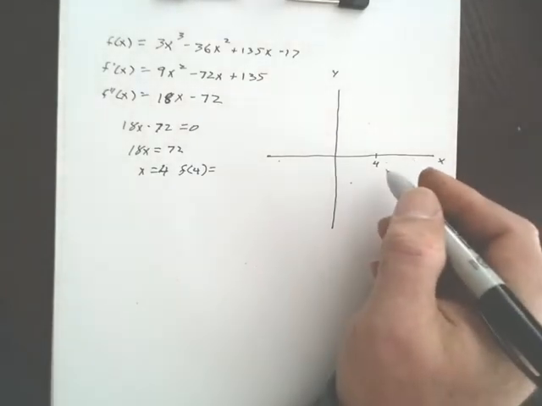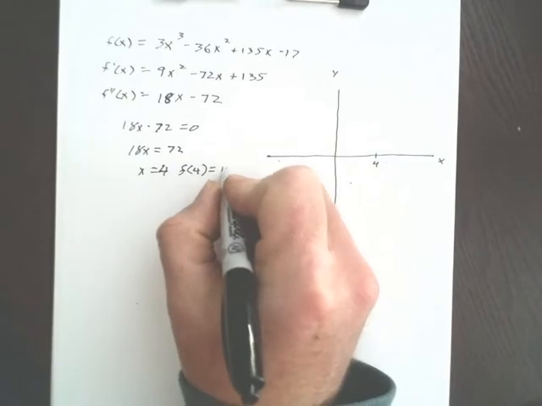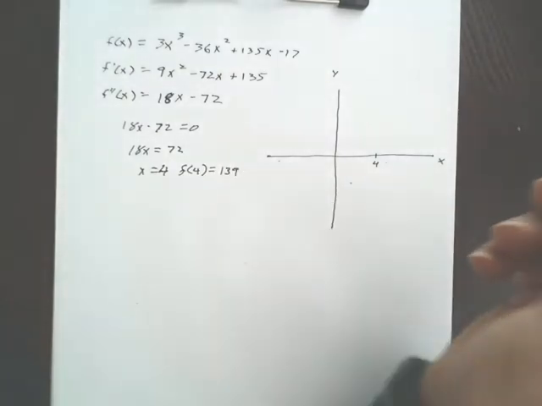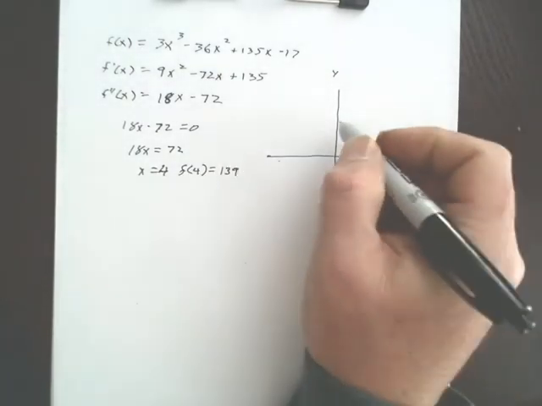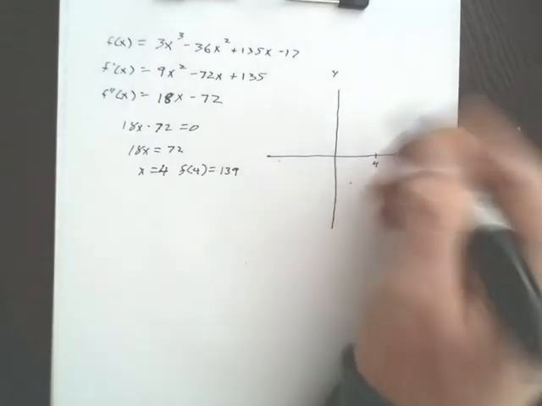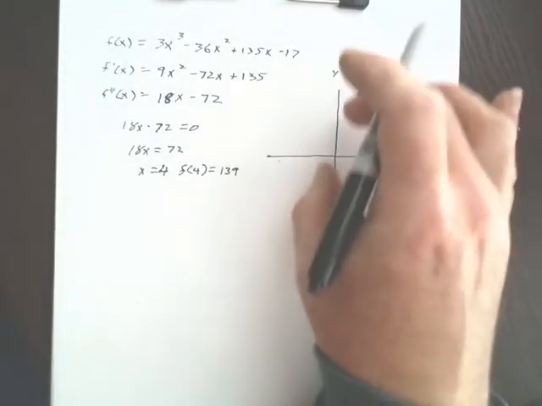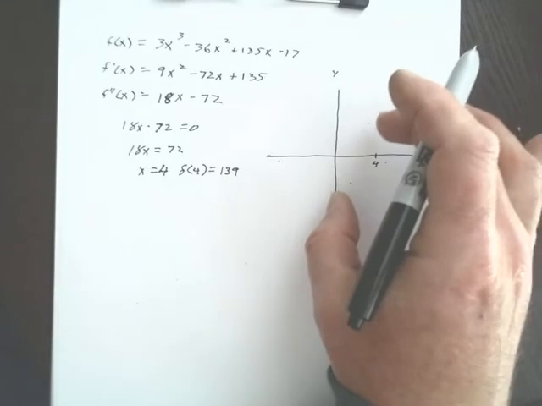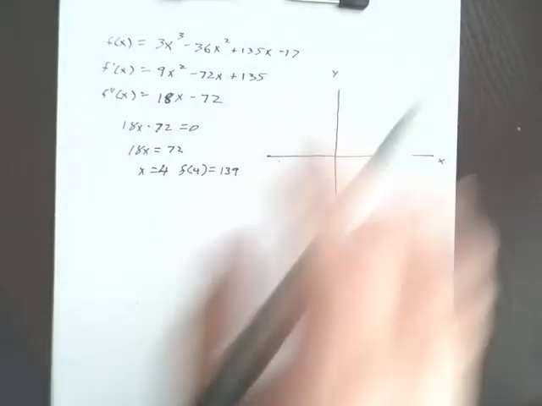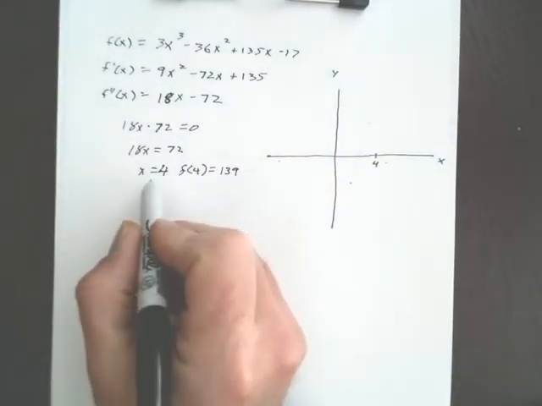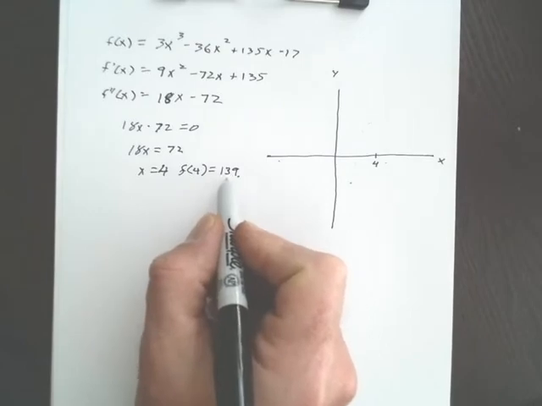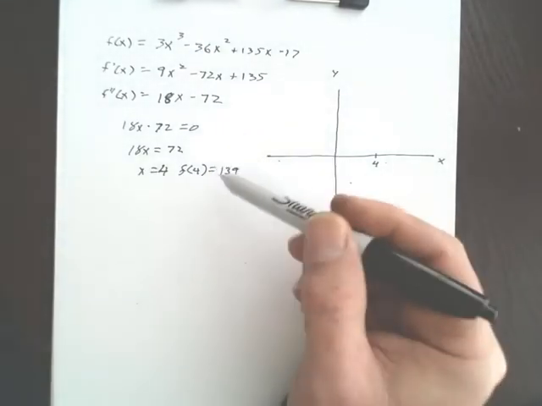That is 139. Let me refrain from putting that in here since we don't know where the other one is, and so we're going to try and fit this in to this graph. But this is the y coordinate for our inflection point.